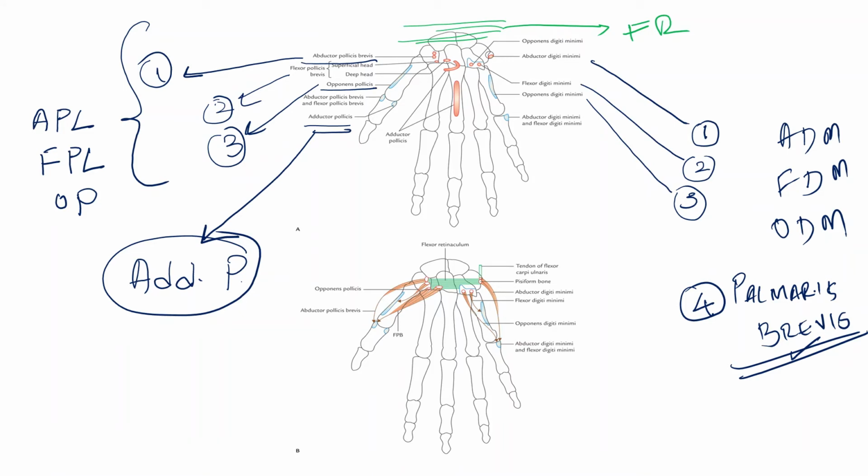The transverse head takes its origin from this part, as we can see, the shaft of the third metacarpal bone.